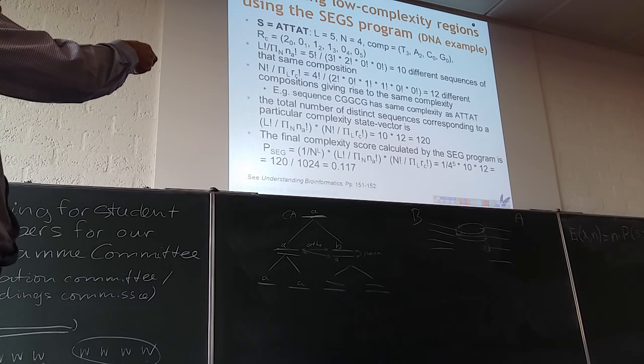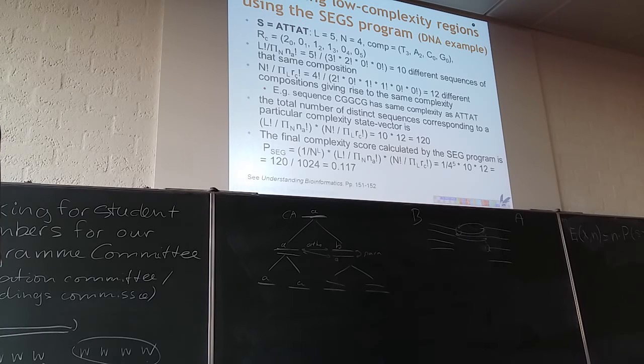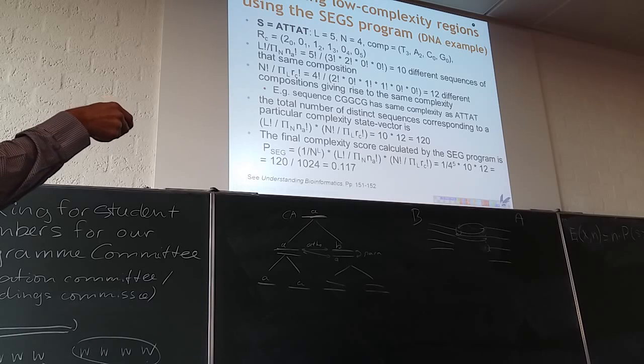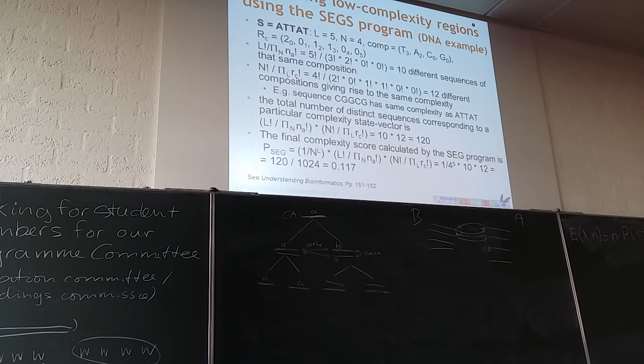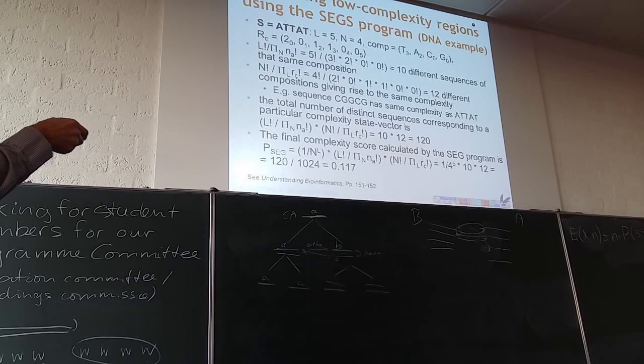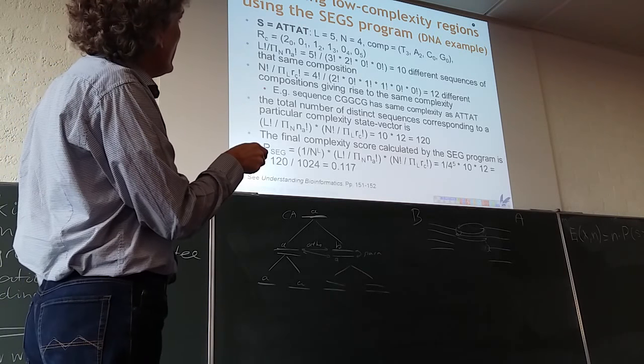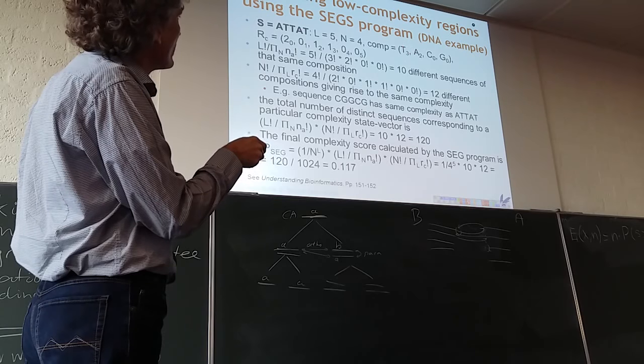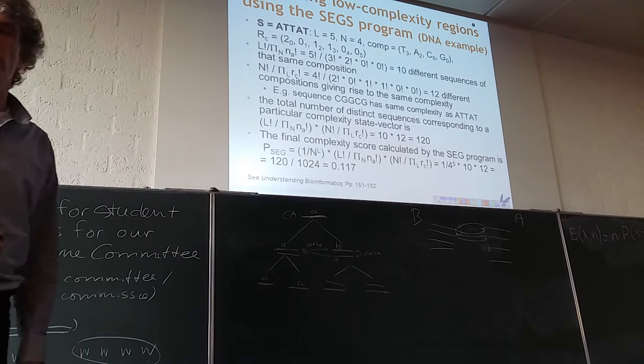Let's say you have this small sequence. It's a DNA sequence. How do I know that? Because n equals 4, n is the size of your alphabet. So A, T, T, A, T. Then the length is 5, and my composition is as follows: I have 3 T's, 2 A's, and none of the others.